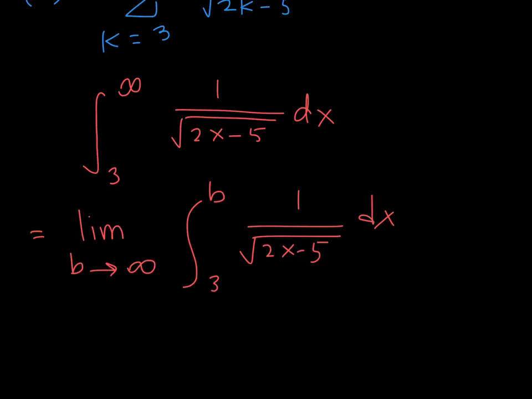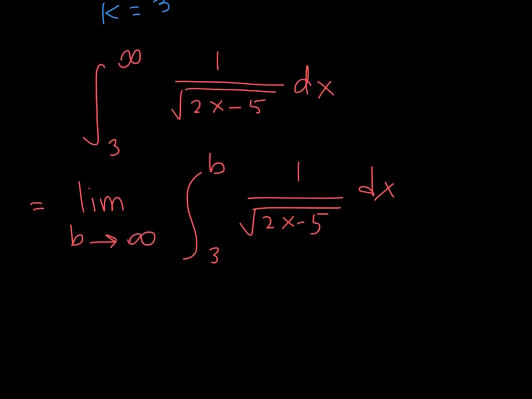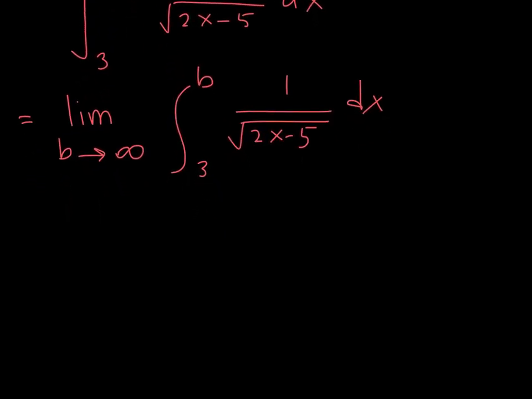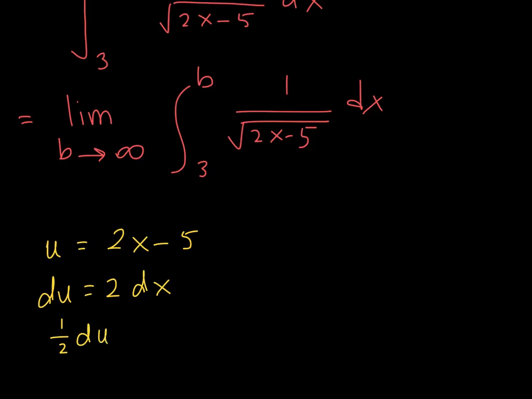So what you can do here is use a u substitution if you'd like. So you can say let u equal 2x minus 5. That would mean du is equal to 2 dx. That means half of du is equal to dx. So then this is equal to the limit as b goes to infinity.